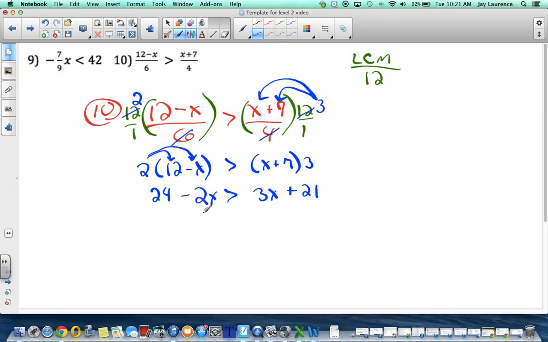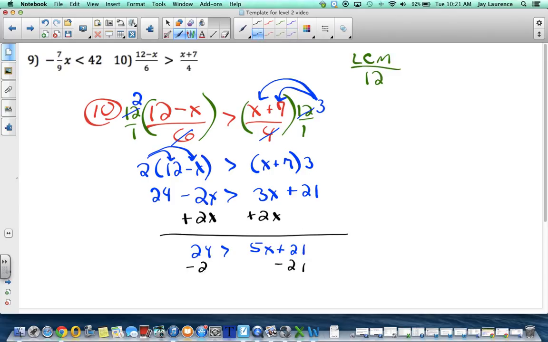All right, I don't like that there are x's on both sides, so I'm going to add 2x to both sides, giving me 24 is greater than 5x plus 21. I'll subtract 21 from both sides, and I'll get 3 is greater than 5x.